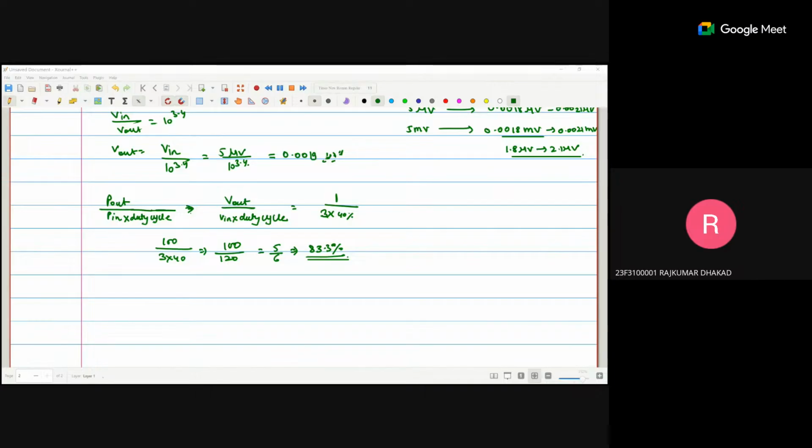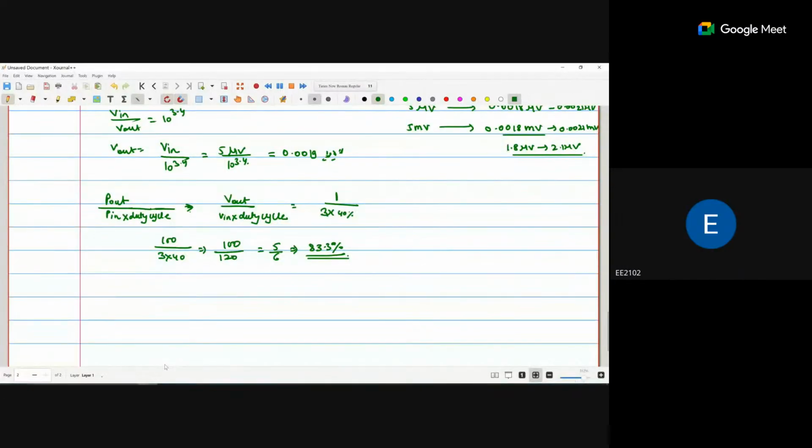If the output is also fluctuating between 0 and 1, then the power consumption in that zone is also 0, then V out is 0. If we take V out as 1 volt throughout, then the efficiency is definitely 83.3%. But if the output voltage also goes to 0 for 3 milliseconds and is on for 2 milliseconds, then in the off period the output power is 0 and the input power is also 0.